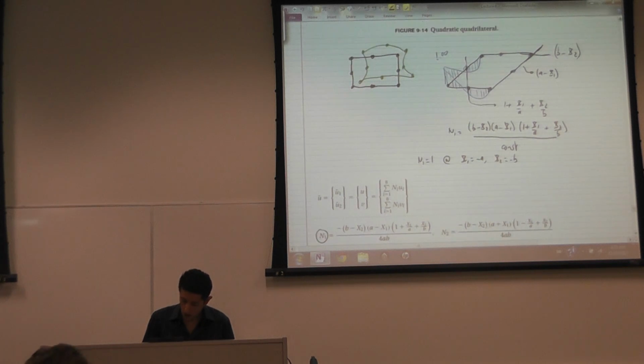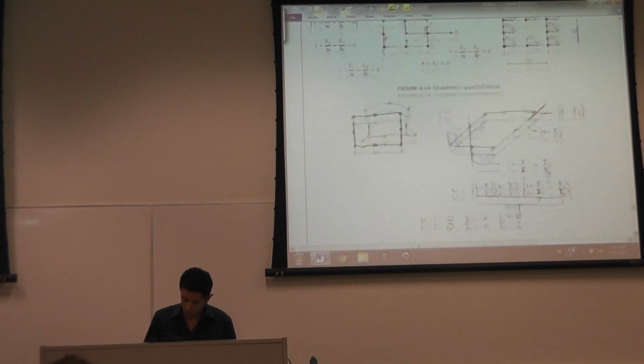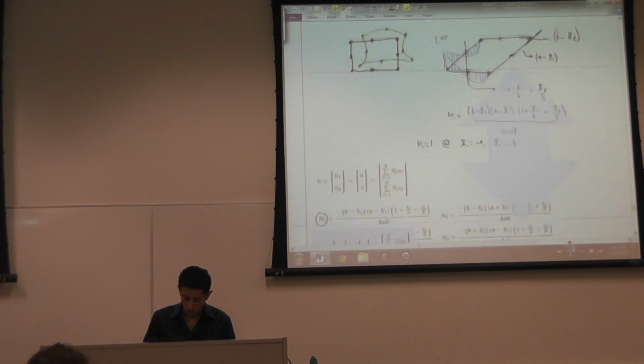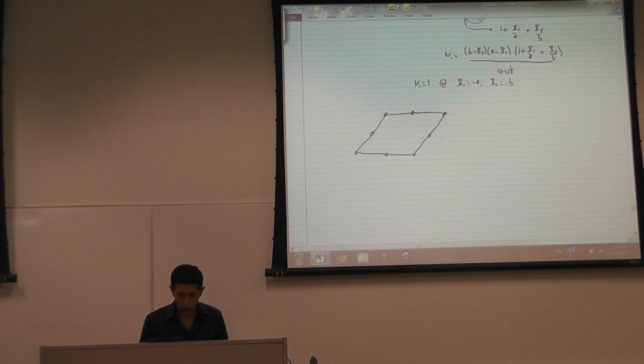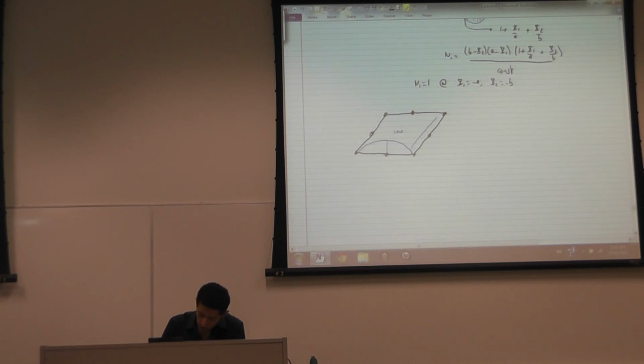N5, which is this node, is equivalent to saying I want a function that gives me 1 here and 0 everywhere else.